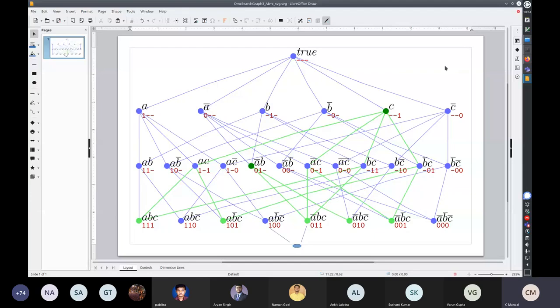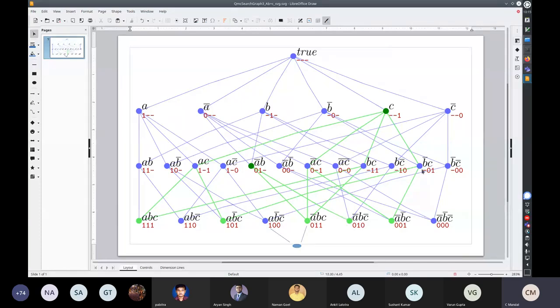So you take two nodes, like A bar BC and A bar BC bar, that are adjacent. You basically take two nodes that are adjacent and join them. So if you see, that is exactly what is happening.